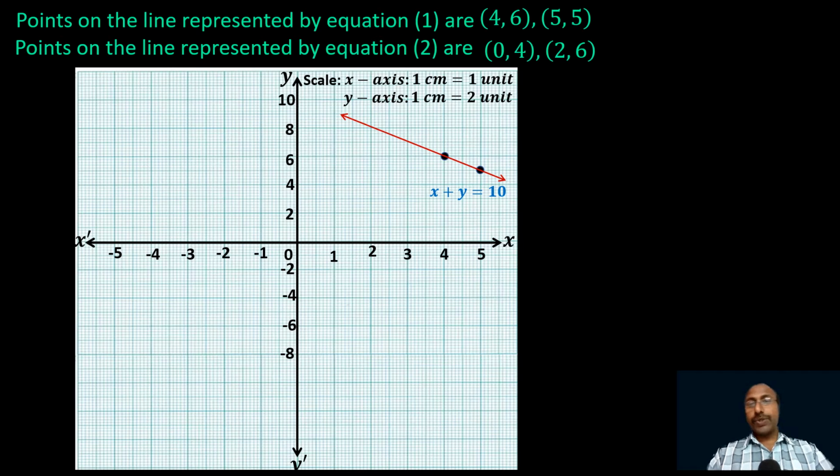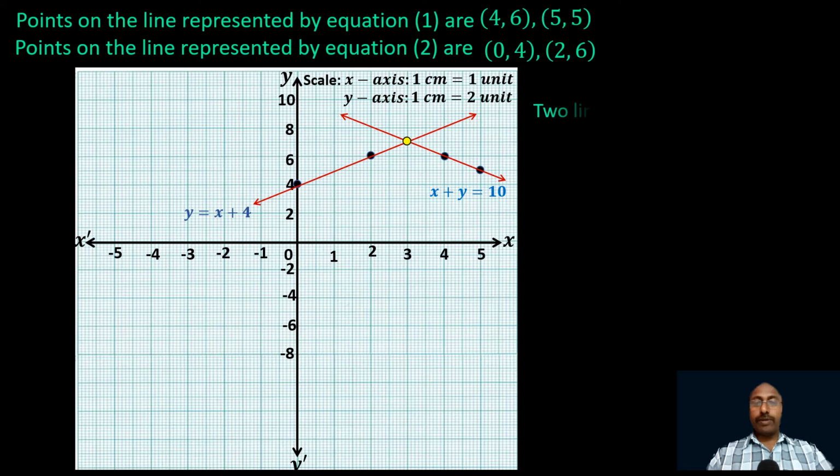Draw the line 2 represented by equation 2: take point 0 comma 4, which lies on the y-axis, and take 2 comma 6. Now draw the second line through these 2 points, and the intersection point is 3 comma 7.